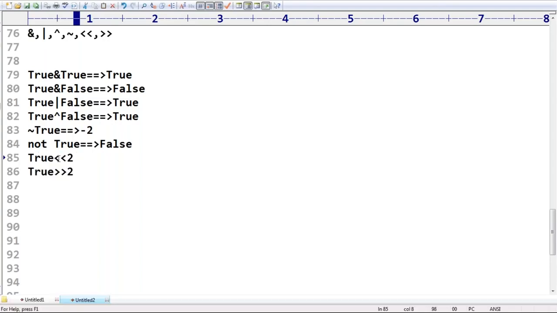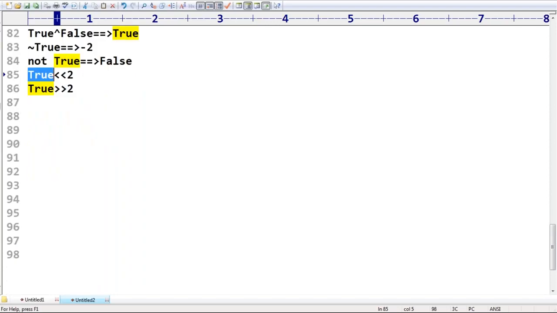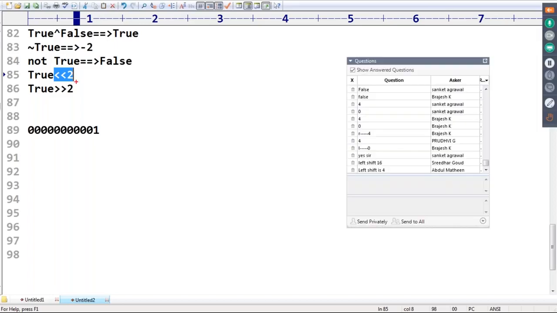Very simple. True means what? 1. Let me apply the left shift operator. Now, left shift 2: moving towards the left-hand side means 2 cells will be gone.